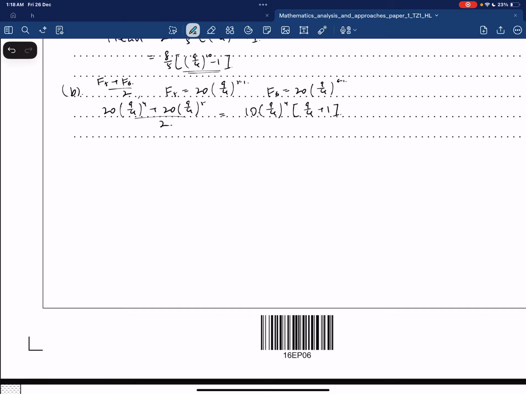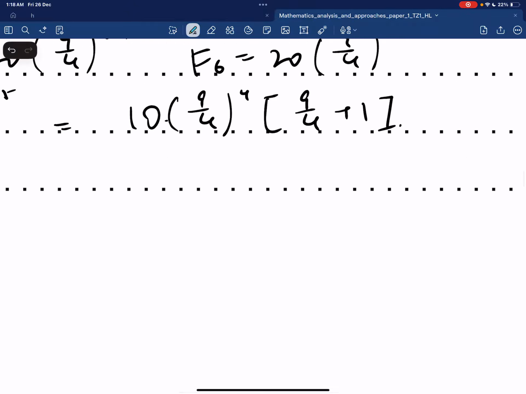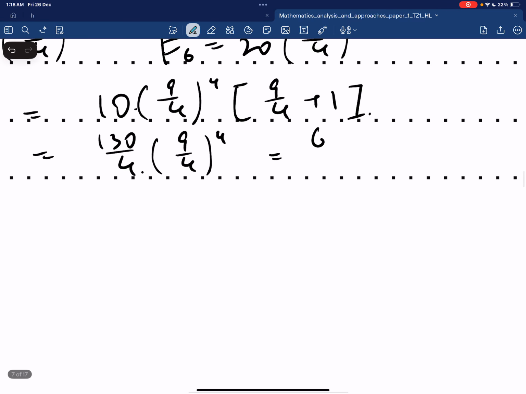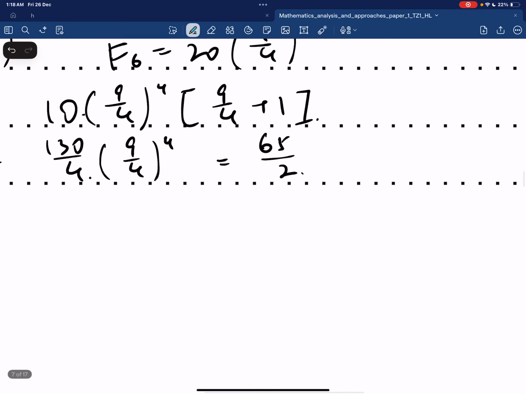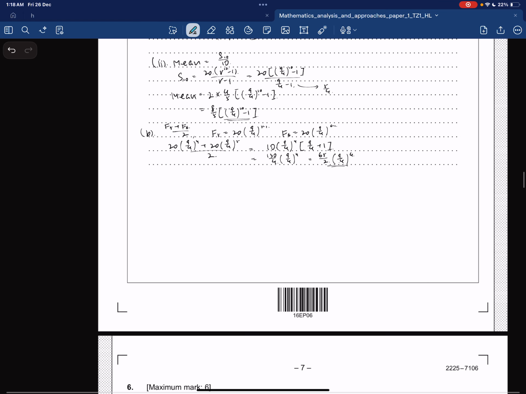The result would be 13/4 in this bracket, with 10 on here. So 130 over 4, (9/4)^4. 130 over 4 is 65 over 2, times (9/4)^4. And that would be our answer in the form that they want it in.